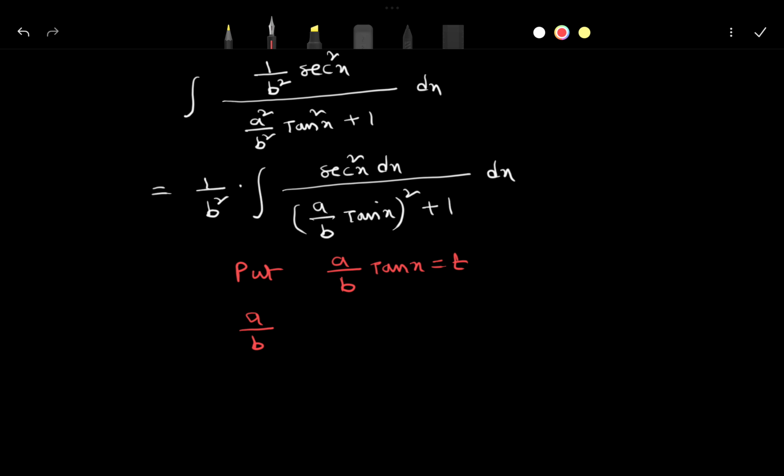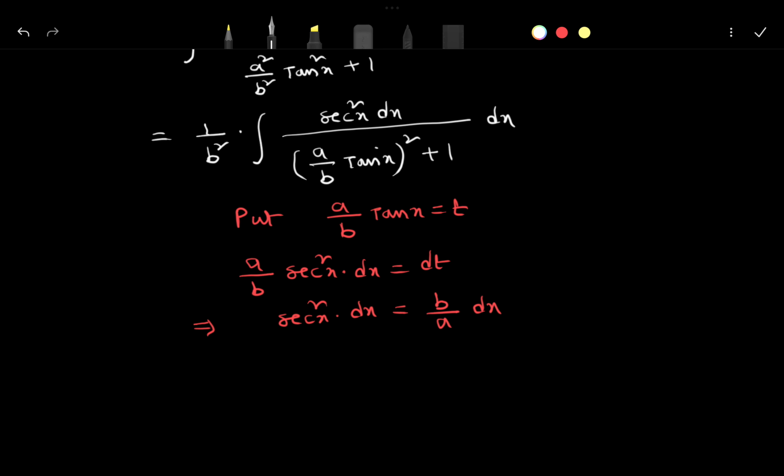A by b into tan x derivative is secant square x into dx is equals to dt, right? So now from this one we can write that secant square x into dx is equals to b by a into dt. So now substitute this value in the above result. Let this be 1.